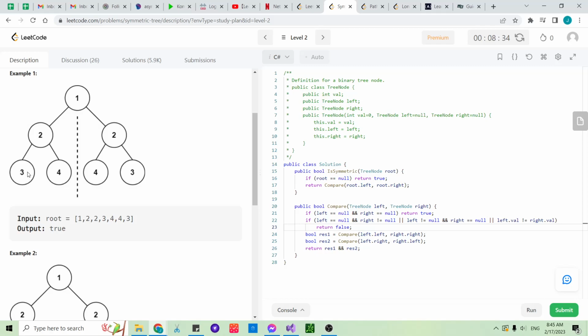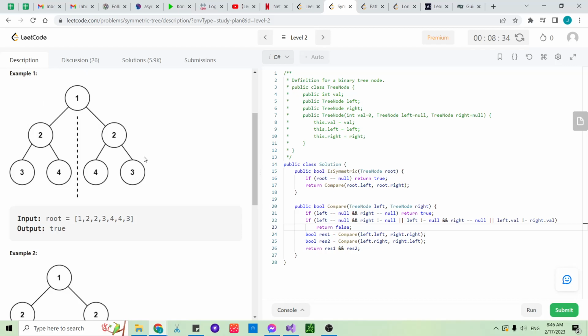We dequeue that because we are already done handling their children, and then we have these in front of the queue. Now we dequeue those to see if they have children. If they do, we will enqueue the left one and enqueue the right one, and then enqueue the right one, enqueue the left one.